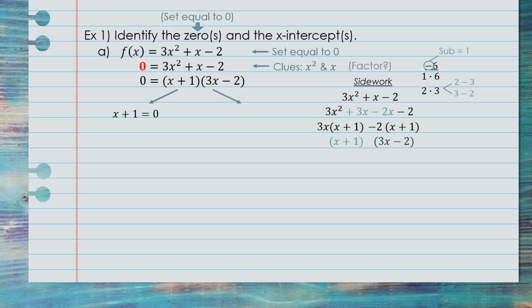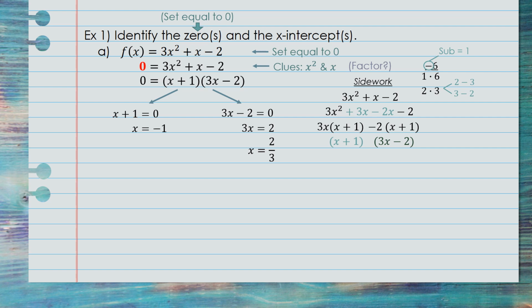We take the second value, 3x minus 2, and set it equal to 0. And now we solve the equations individually. The first equation, we subtract 1 on both sides, and we find x equals negative 1. For the second equation, we add 2 to both sides, and then divide both sides by 3, and we find x equals 2/3.